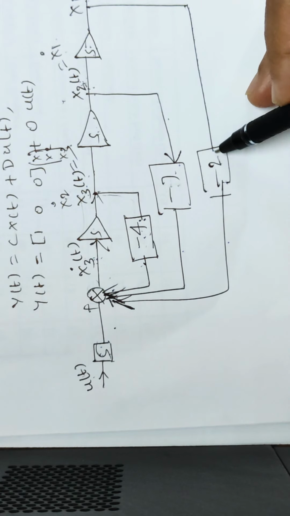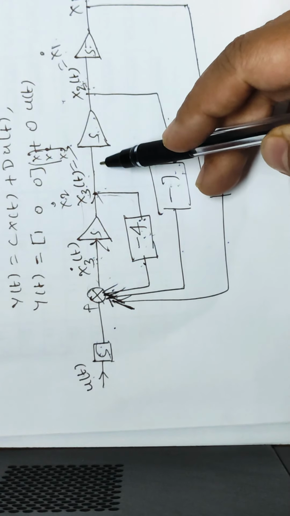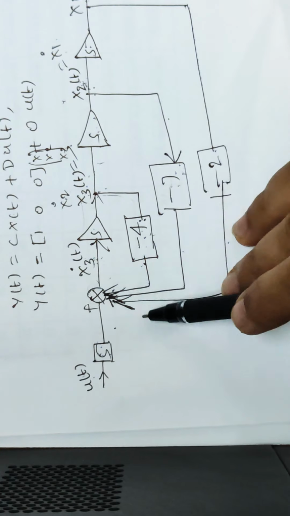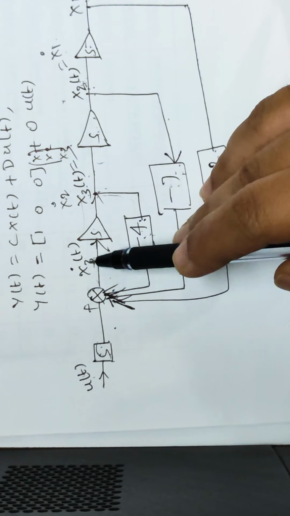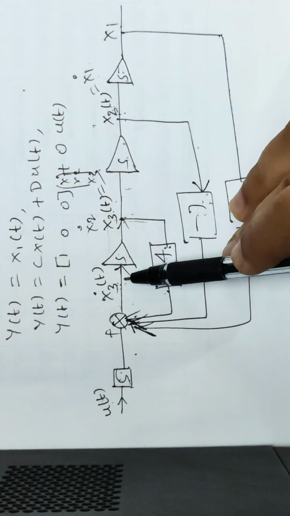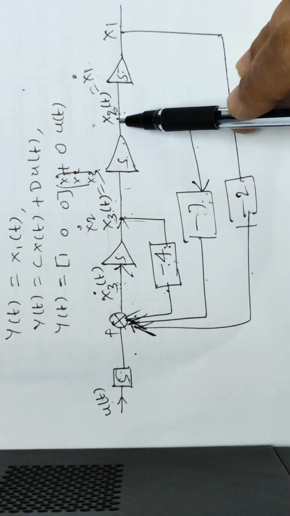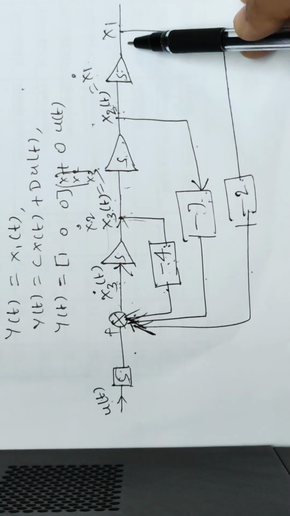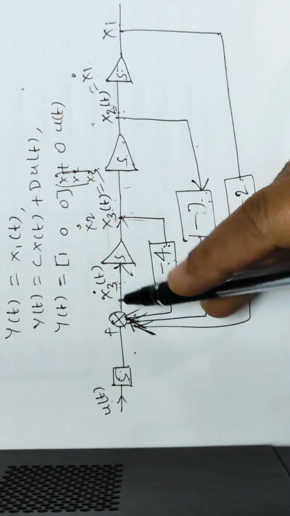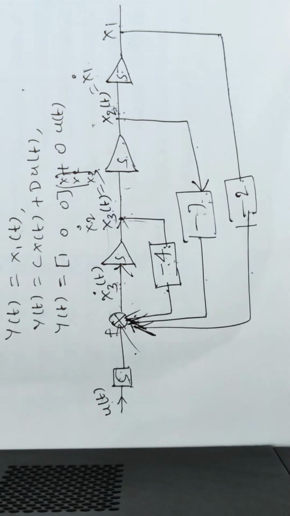So coefficients we usually write in the blocks, and these are the variables. If x4 is there, you have to take one more integration and one more like this. Getting all of you? So x3 dot is equal to minus 4 into x3, minus 7 into x2, minus 2 into x1, plus 5 into u of t. This is also an incoming signal. This is the state diagram.